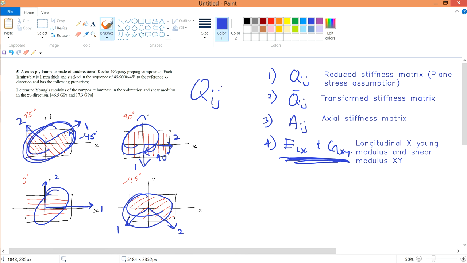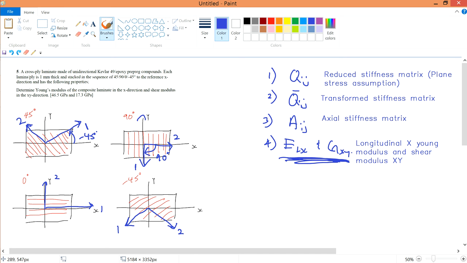I repeat again, each of them has the same stiffness matrix, Qij. In order to transform them from their own individual 1-2 directions, because each has its own 1-2 direction, you have to convert them using a certain transformation matrix. This is why you're going to transform each Qij into the transformed stiffness matrix, and why we need a certain transformation also.